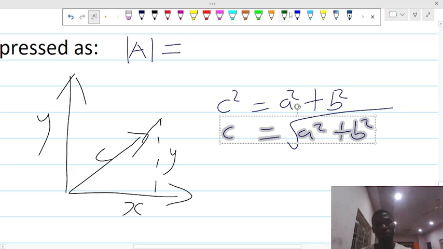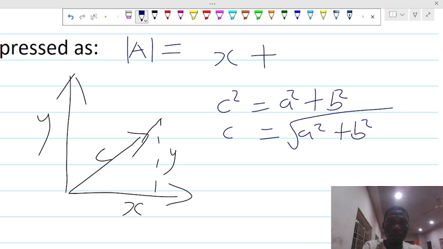That means the magnitude of the vector A is the square root of x squared plus y squared.